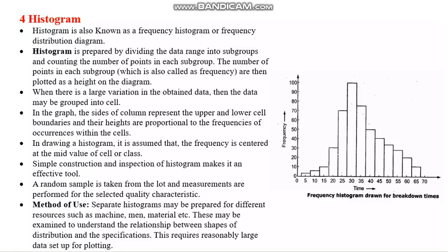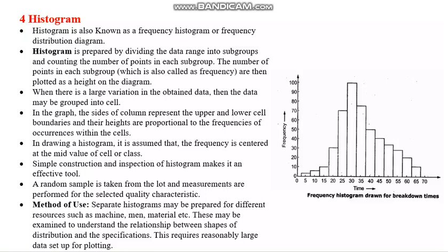So many subgroups you can form, and then you can see how many occurrences are there in the subgroup 0 to 10, how many in the subgroup 10 to 20, like that. That means you note the frequency, and then you plot the histogram.